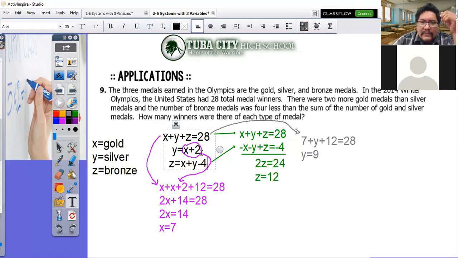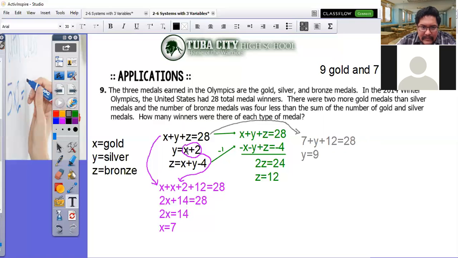All right, maybe it's a problem with our equation. There were 2 more gold than silver. I'm thinking that there's a small mistake, and that is x and y have been switched. 2 more gold. So it would make more sense if there was 9 gold and 7 silver, and the math would still add up.